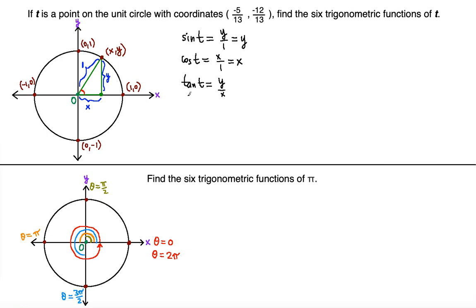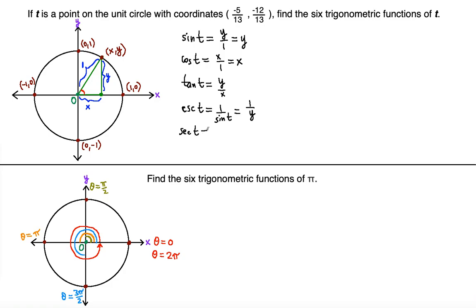And then we're going to have the cosecant of t, which is 1 divided by the sine, the reciprocal of the sine. So 1 divided by sine of t is essentially the reciprocal of y, 1 over y.